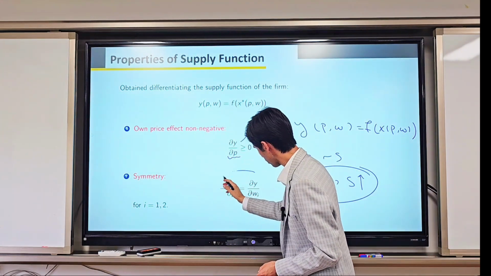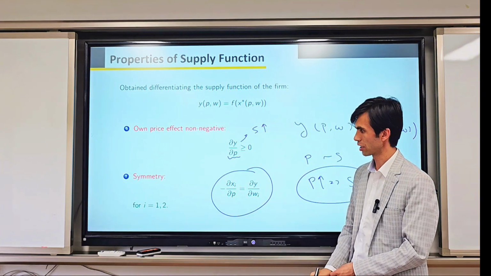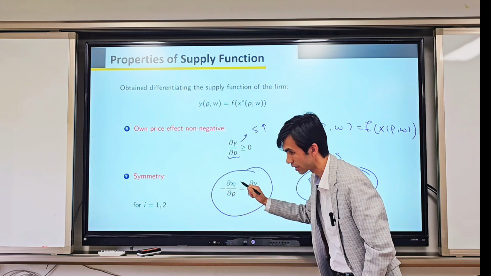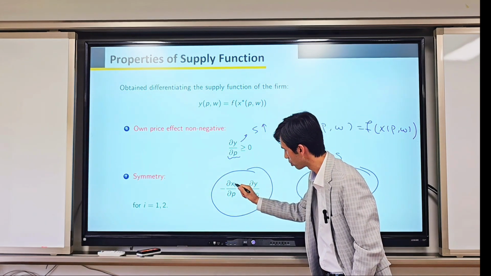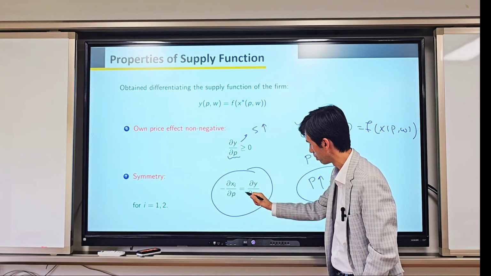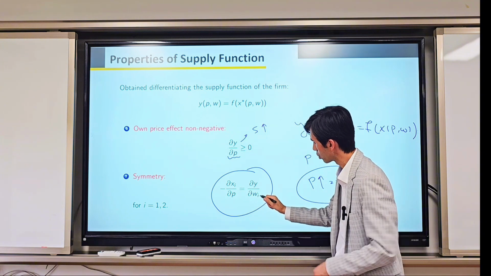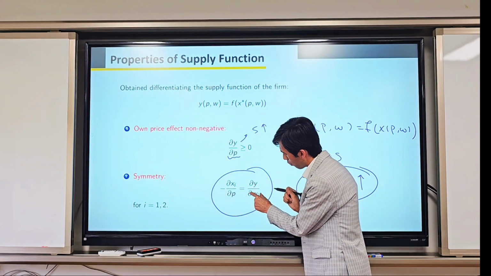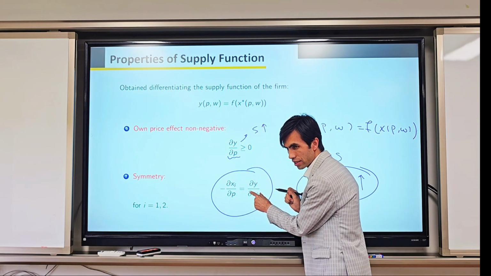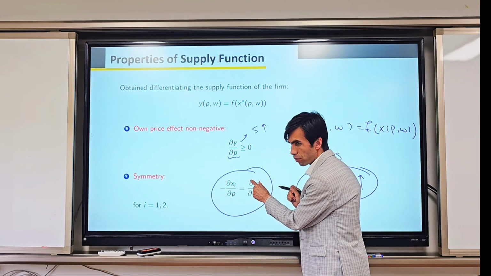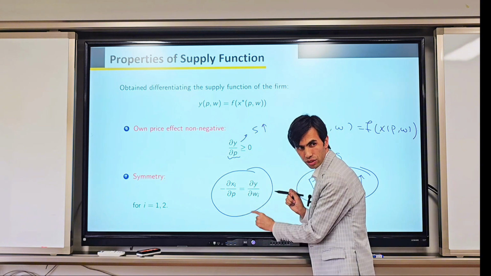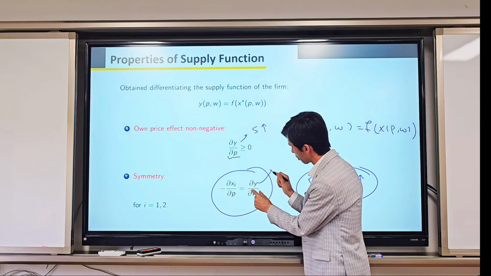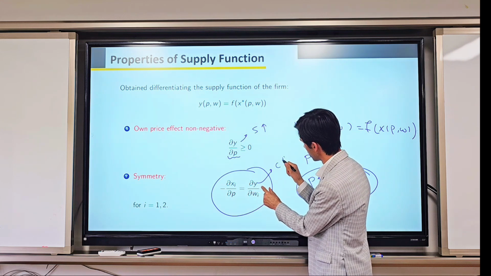And also we have this symmetry here. When the price of output increases, what will happen to the input, with a minus sign, is equal to when the price of input increases, what will happen to the output. As we already know, when the price of input increases, the supply or the output will reduce, because now the cost will increase.